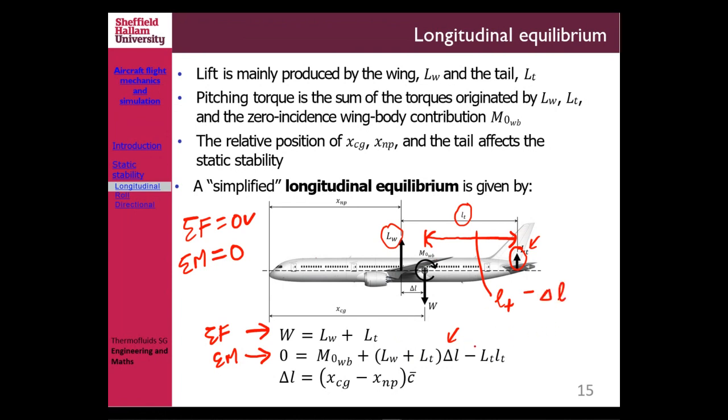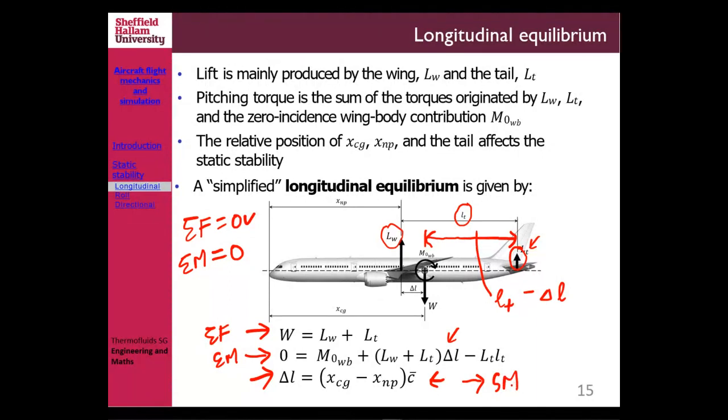So when you rearrange that, it becomes that equation, where delta L is basically xcg. Remember the xcg, which is the distance from the nose to your center of gravity, minus the distance to where the lift of your wing is acting. That is your delta L, which is eventually what we defined earlier as your static margin.